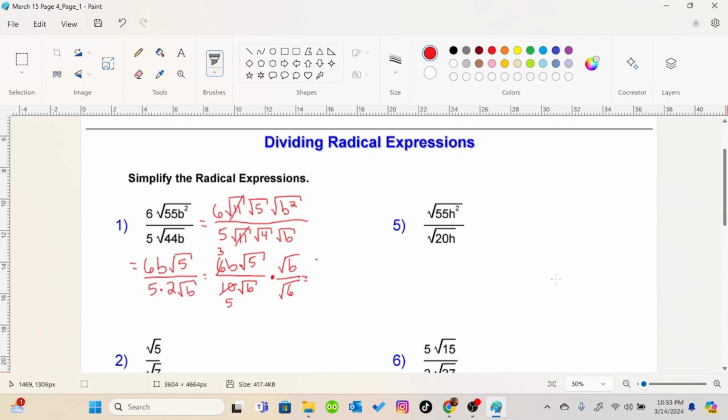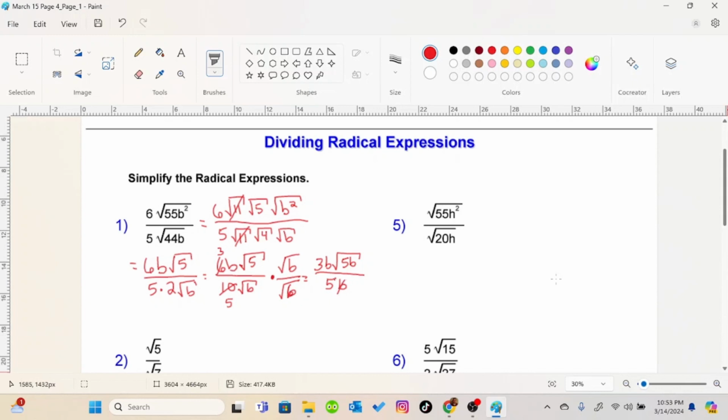So this gets us 3b square root of 5b on top and on the bottom we have 5b because the square root of b times the square root of b equals b.